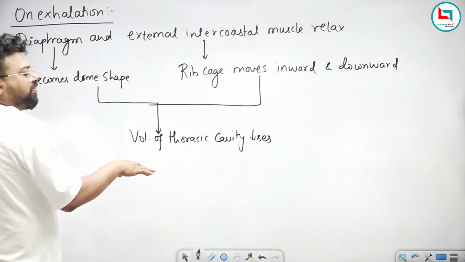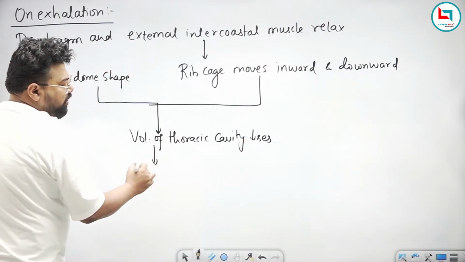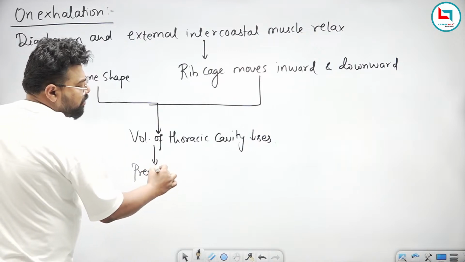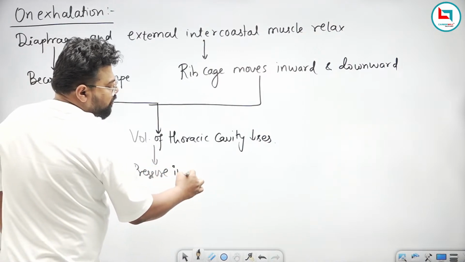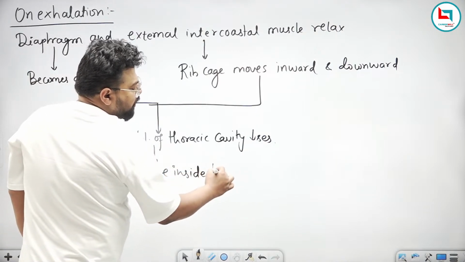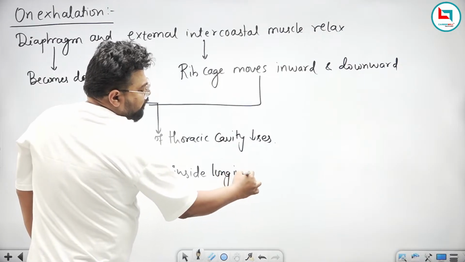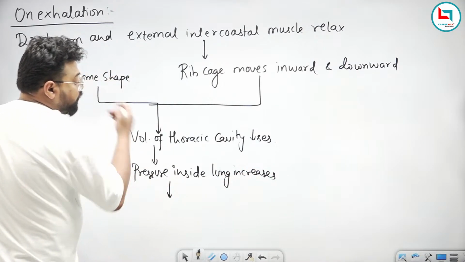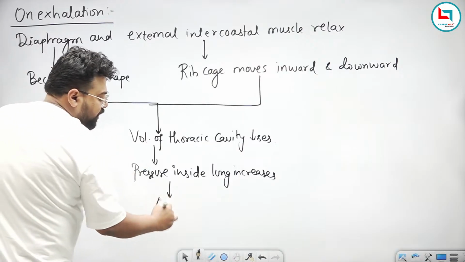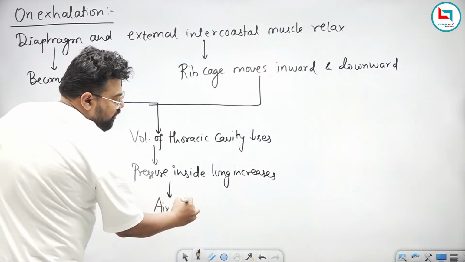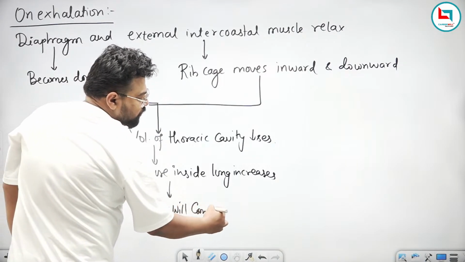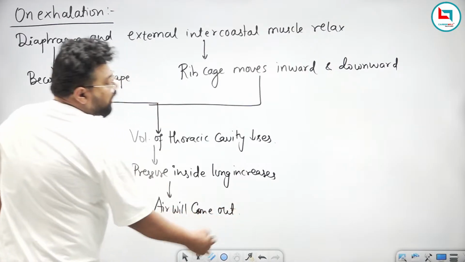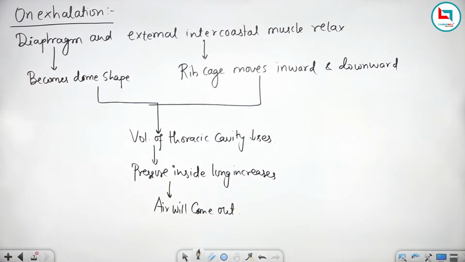If the volume is decreased, the pressure inside the lung increases and the air will come out. So this is how exhalation takes place. This is the mechanism of exhalation.